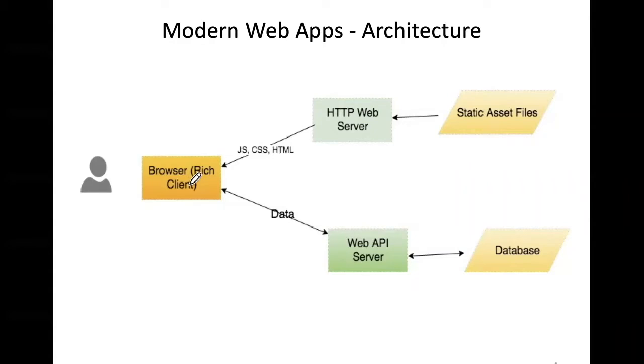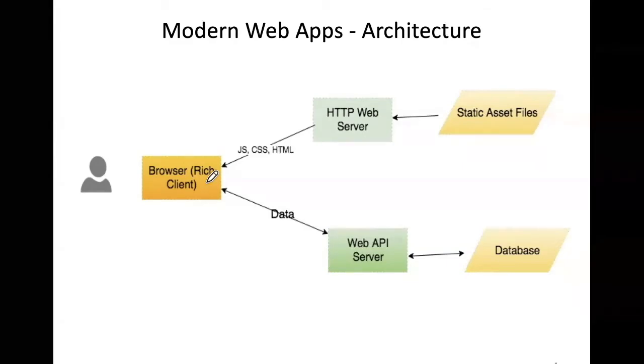Or it may cause it to make another request down to the web API to get some more data, or ask the web API to do some sort of computation and return the result. In either case, the web API comes back with some more data. The JavaScript takes that data and again stitches it into what the user sees.